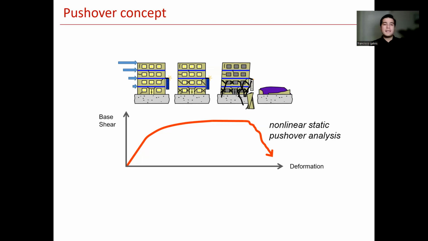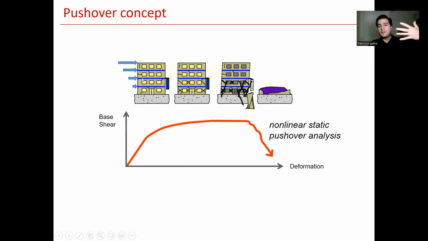And the concept is that you take that lateral force and you start increasing it monotonically until the building starts damaging, and then you can plot this so-called pushover curve, where in the horizontal axis you have the deformation at a point in the building, typically the roof. You track the displacement of the roof and start tallying up the base shear, which is basically the summation of all the lateral forces that you are imposing, right?